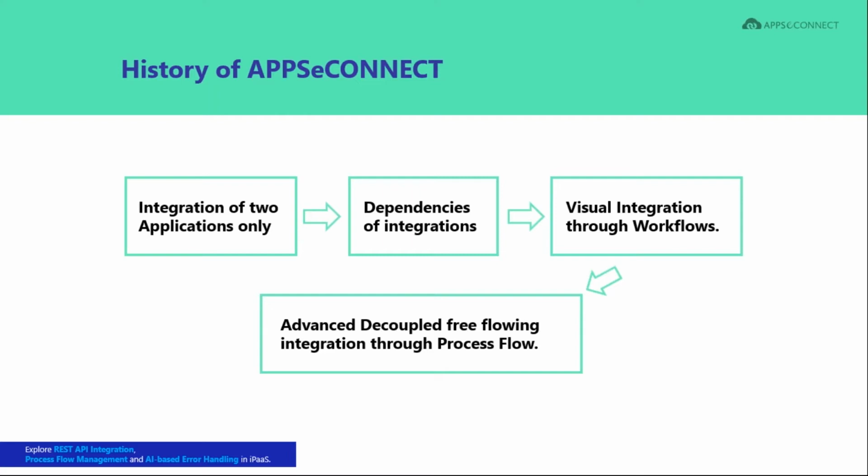Okay, so moving on, let us now see a little bit of history of AppSeConnect. We are not new in building this solution. As we have said earlier, Rome was not built in a day. We are also putting brick by brick to build a solution that is robust and simple to use.